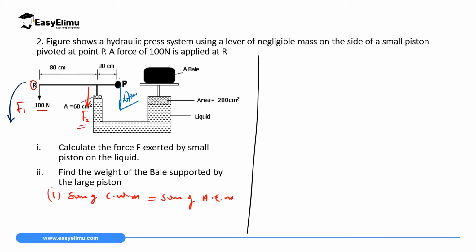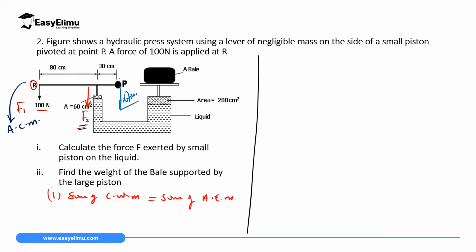And if it moves in this direction, this is anti-clockwise moment. Then now, when you are moving it down, it's also going to make this piston to push this liquid down. And at the same time, the whole bar will be moving down. So in this case, when it's moving down, this F2 will also be moving down. So at the same time, this is clockwise moment.